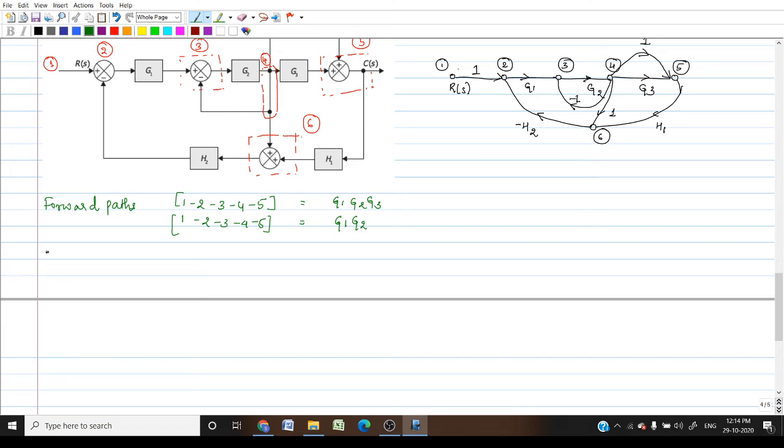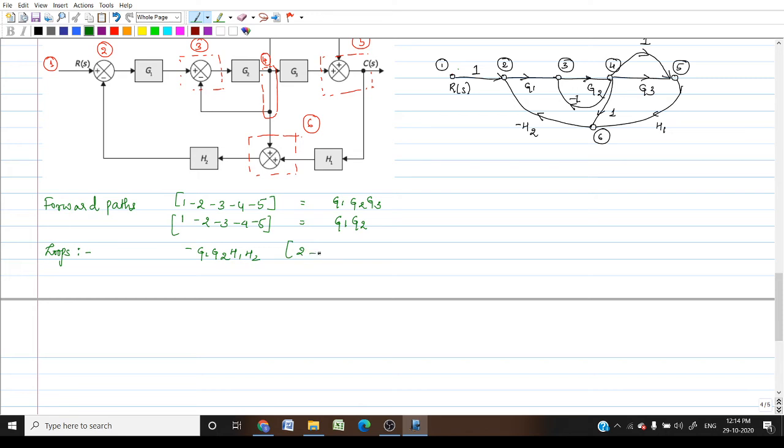So coming to loops, we have 4 individual loops. The first one, I'll straight away write the loop gain so you all can understand: minus G1, G2, H1, H2. That is from 2 to 3, 3 to 4, and 4 to 2.